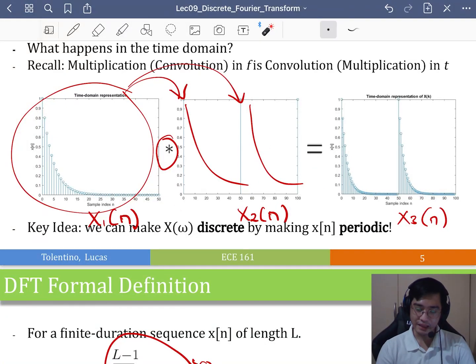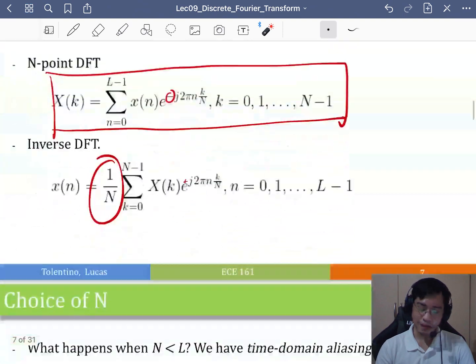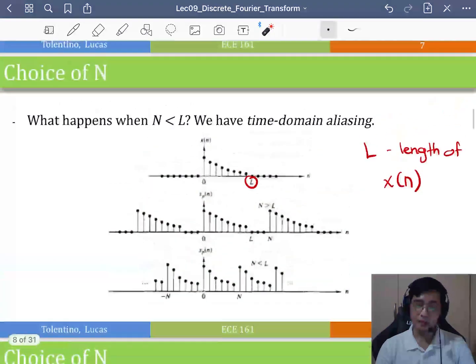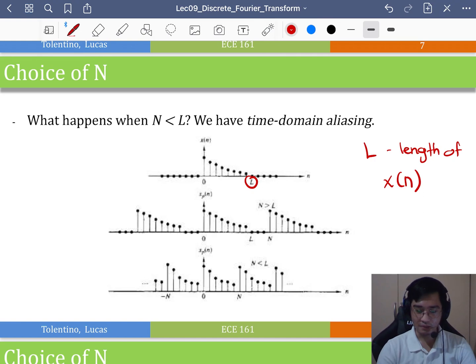For example, if N is 50, we are convolving with an impulse train spaced by 50 samples apart. So if we take N less than L, what do you think will happen? This is our N. We are taking replicas of this and generating them at this point.